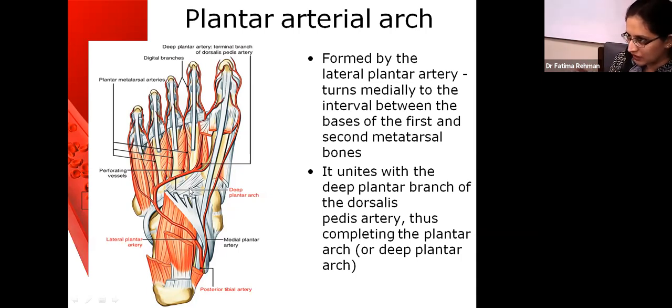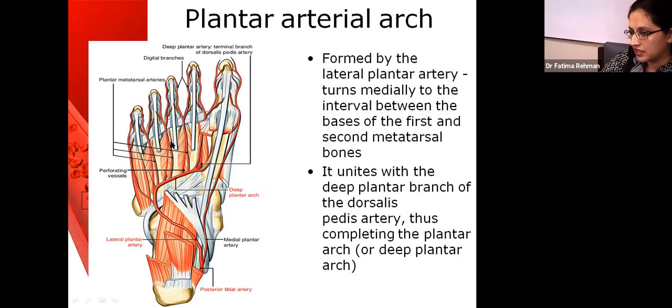These perforating vessels from the dorsal arterial arch perforate the muscles running between the intermetatarsal spaces. They are basically the interossei. The perforating vessels pierce those interossei and come to lie on the plantar aspect of the foot. They join the branches of the lateral plantar artery, and together they constitute the plantar arterial arch.